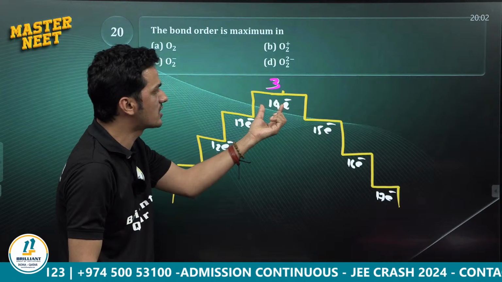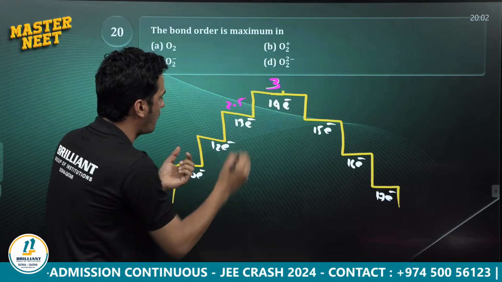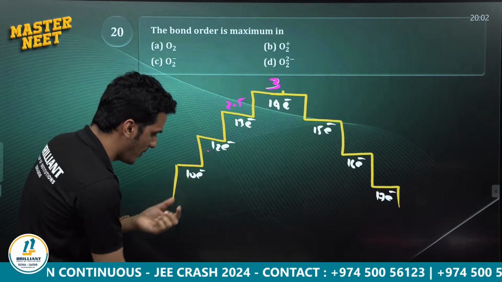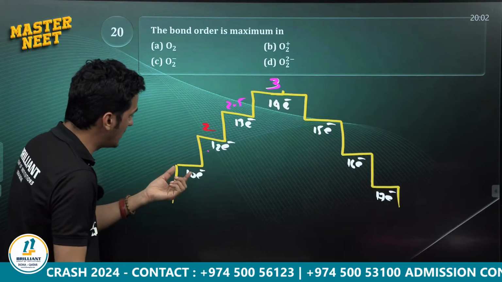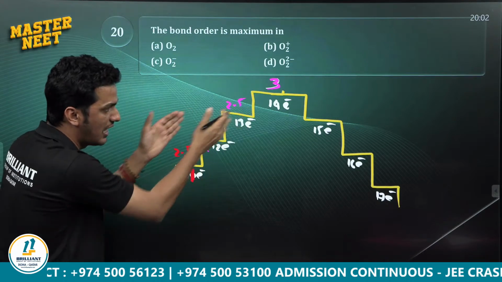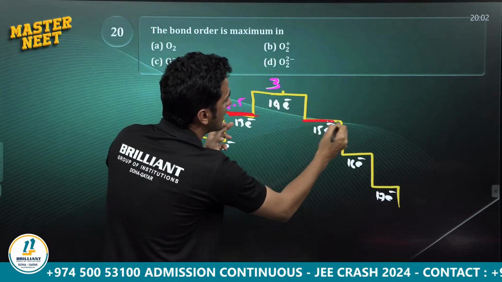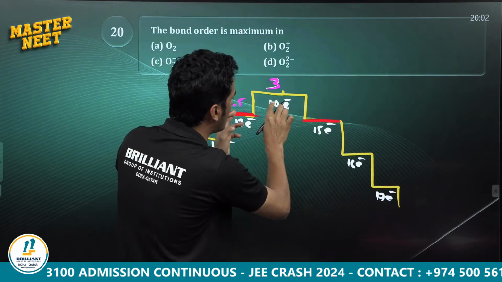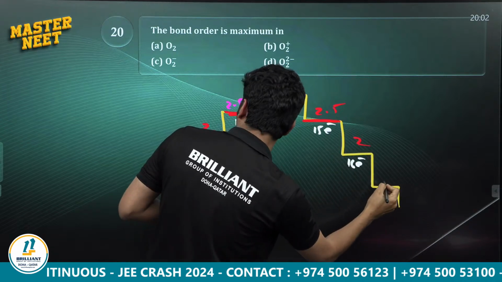If 14 electrons are there, its bond order is 3. If 13 electrons, its bond order is 2.5. If 12 electrons, its bond order is 2. If it is 11 electrons, 2.5 like that. Going toward this side, 15 and 13 are at the same height. If this is 2.5, this will be 2, and this one will be 2.